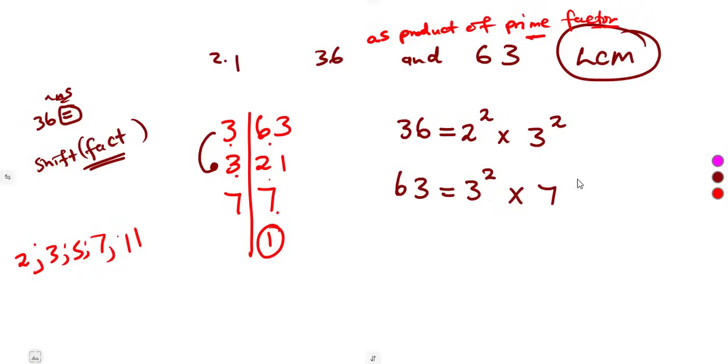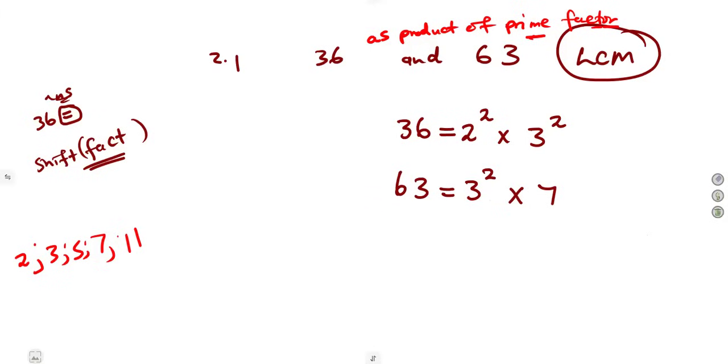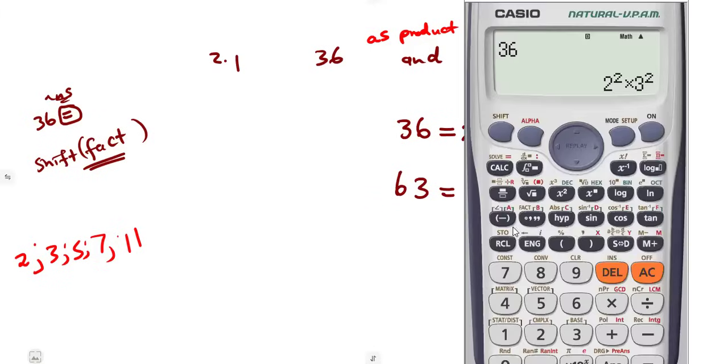So you can write it as 7 or 7 to the power of 1. You can leave it like that. So that's our 63. If we use our calculator again, we could have verified that 63 is equal to 3 to the exponent of 2 times 7, as we can see.